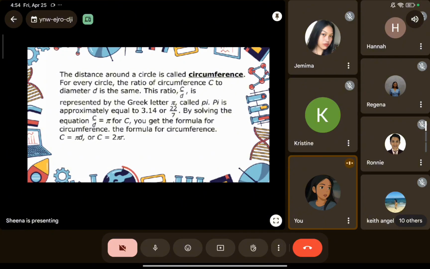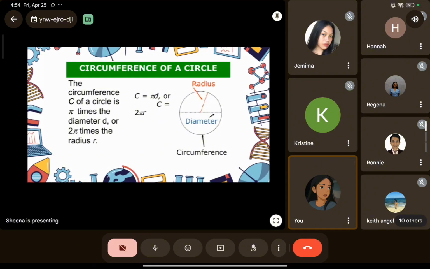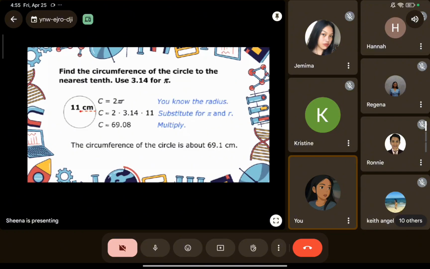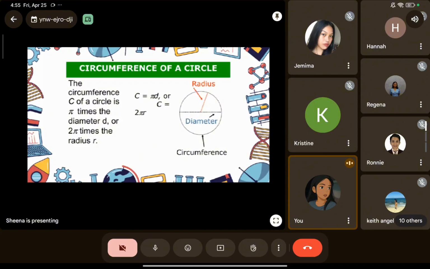Please go to the next slide. The circumference of a circle is pi times the diameter d, or 2 pi times the radius r. The orange part on top is the radius. The straight line in the middle is the diameter. The circle itself is the circumference. The radius is the distance from the center to any point on the circle.